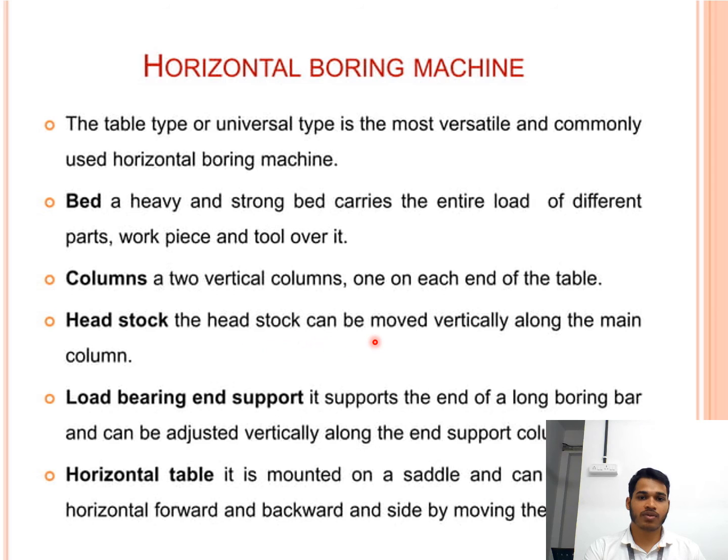The headstock can be moved vertically along the main column, and it supports the end of the long boring bar, which can be adjusted vertically along the supporting column. Next, the horizontal lever is mounted on the spindle, and it can move horizontally, forward and backward and sideways, by moving the workpiece.